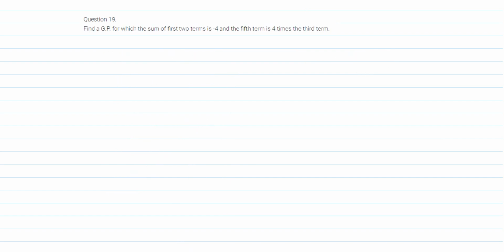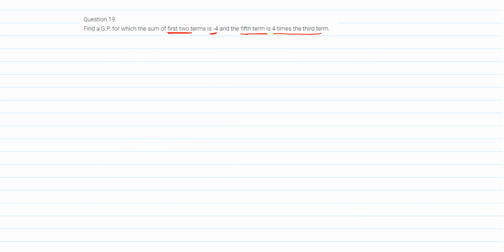And the last sum: find the GP for which the sum of the first two terms is minus 4 and the fifth term is 4 times the third term.